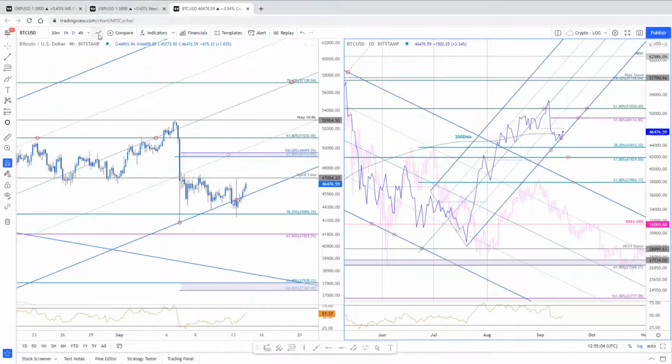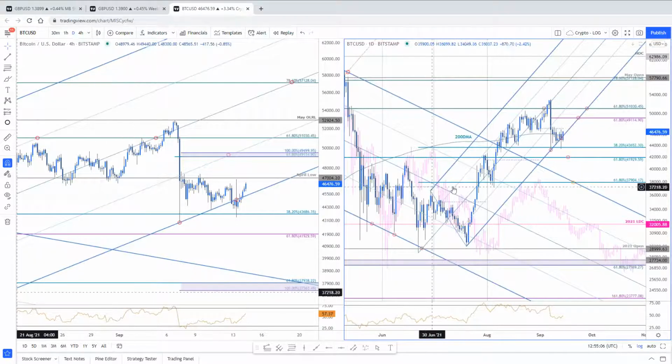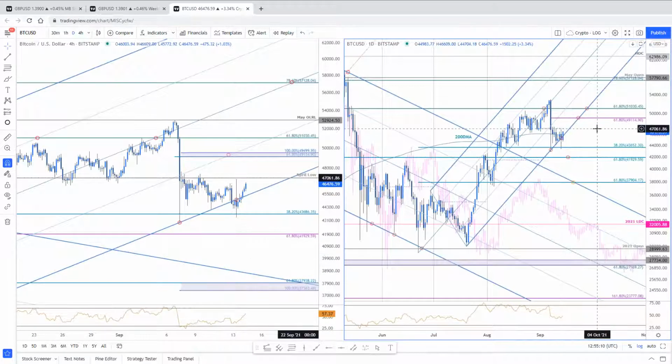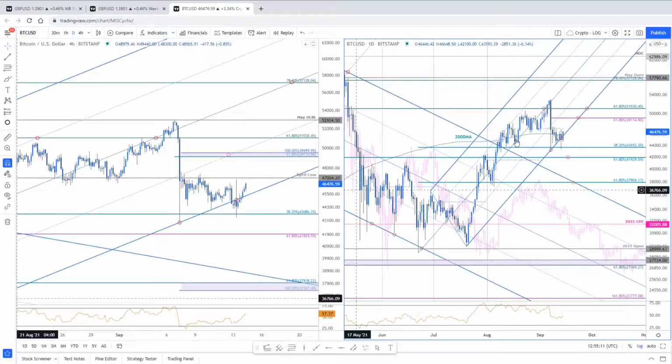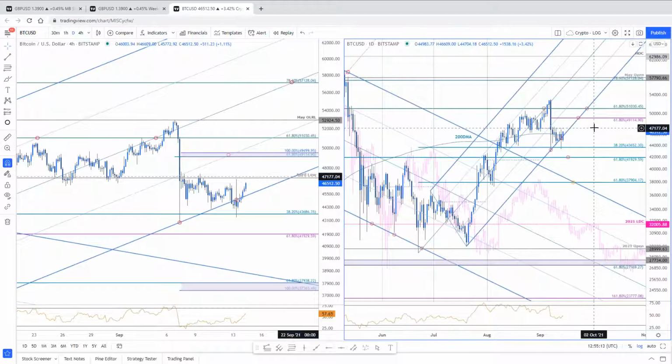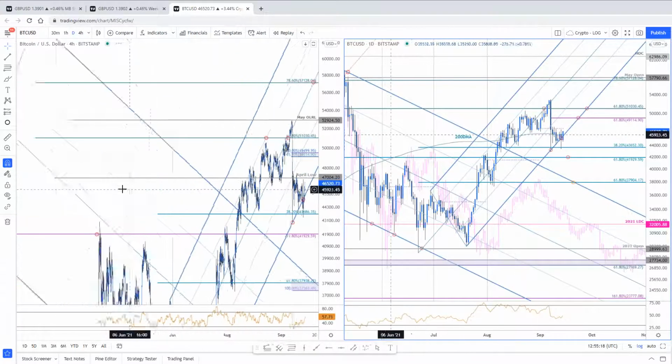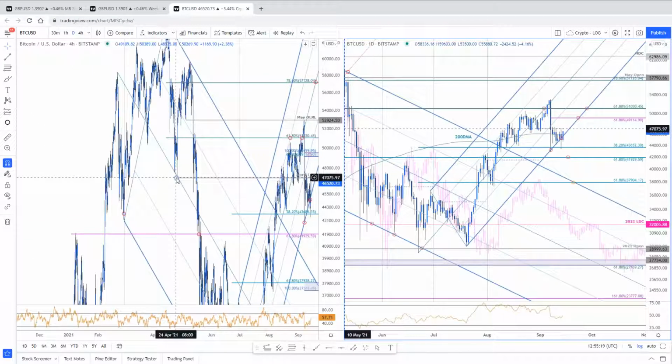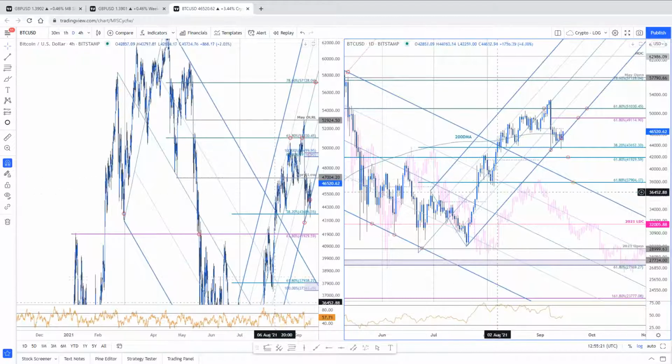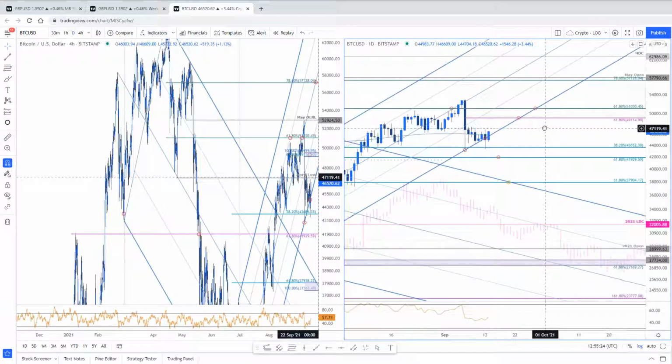So the question is weekly resistance, monthly open resistance right here. It's essentially the same as the April lows. We're around 47,750, 47,000.